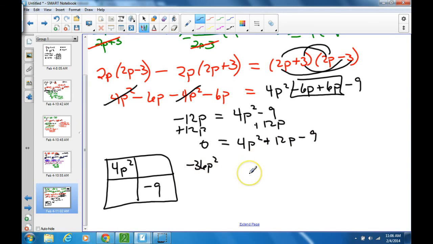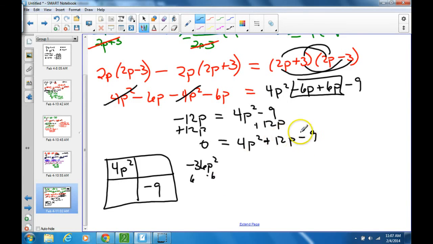That equals 12? Well, one of them has to be negative and one has to be positive. So that won't work, right? Because that would cancel each other out. It equals a positive 12.